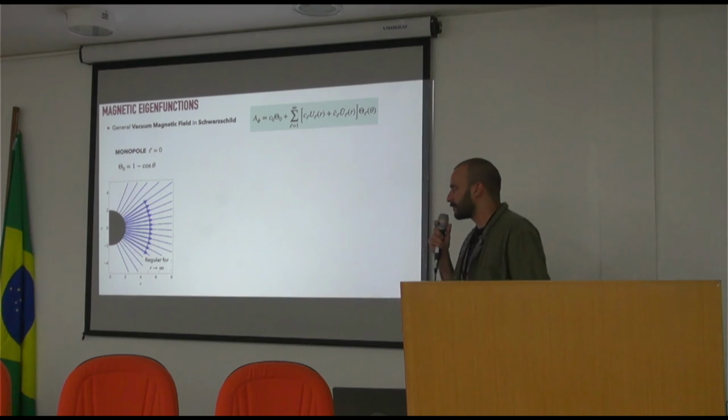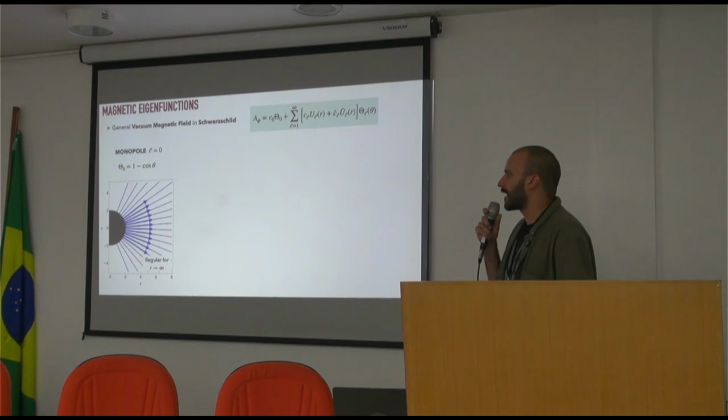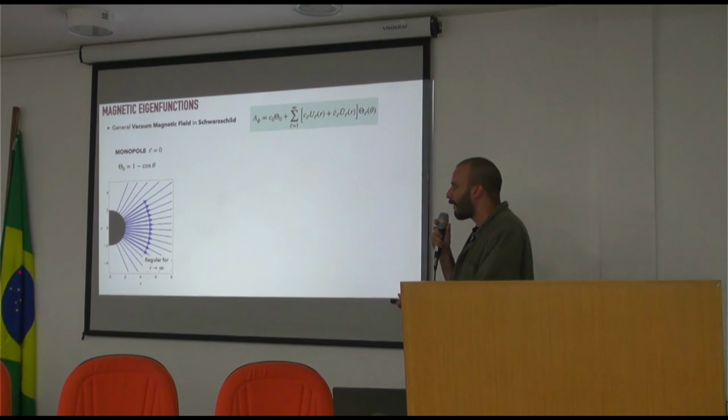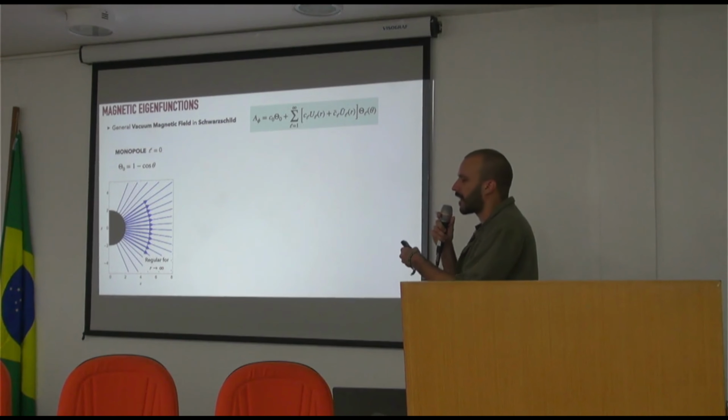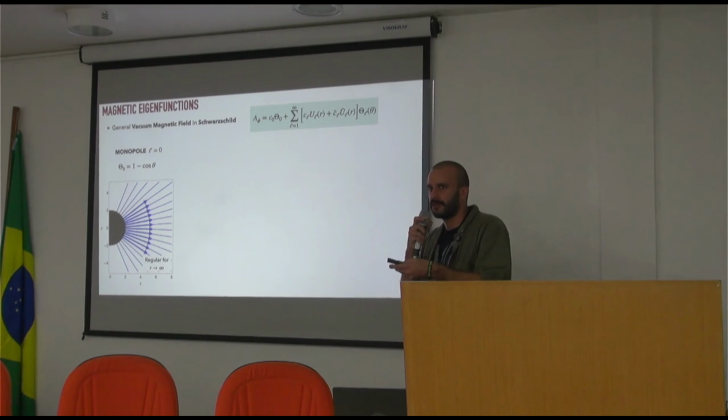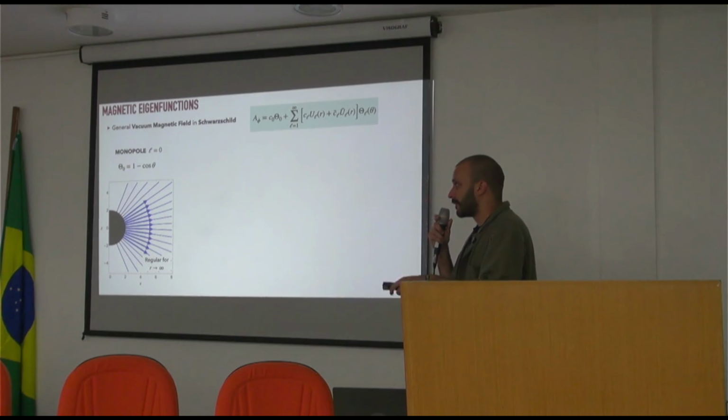So the problem with the monopole magnetic field is that all the magnetic field lines have a unique polarity. Okay? So this doesn't allow you to preserve the Bianchi identity. The field is not solenoidal. But what you can do is to cut the solution and reverse it at the equator.